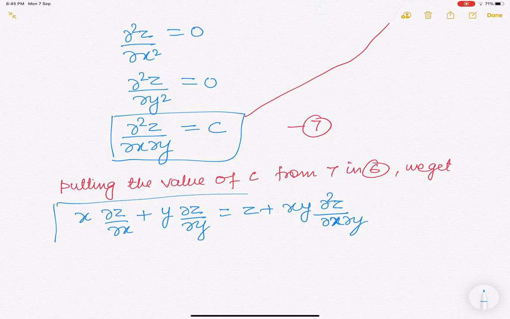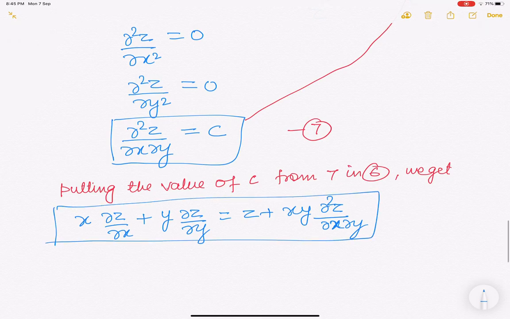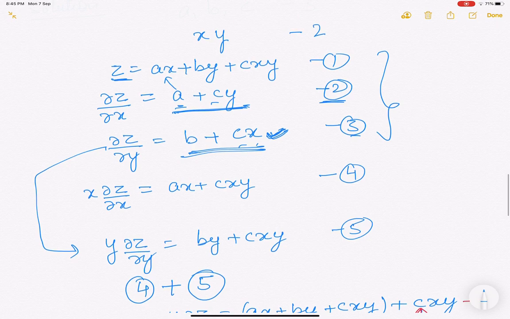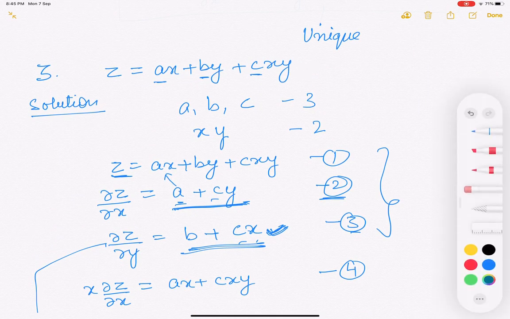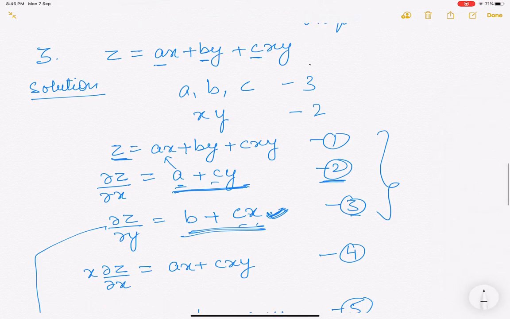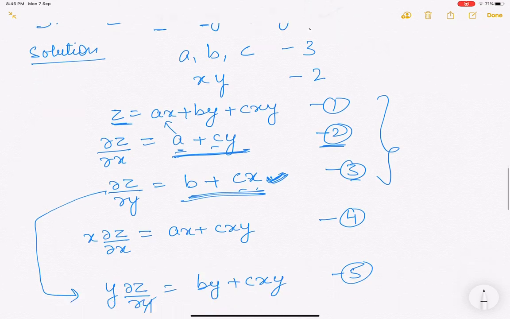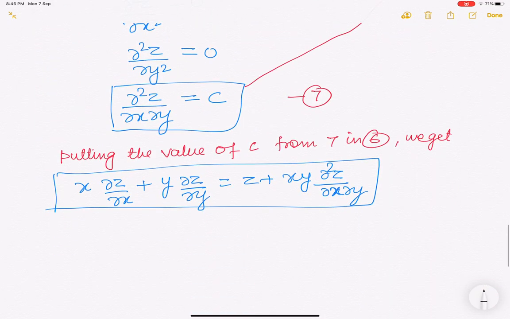So this is the required answer. Since this falls under condition number 3, this question falls under condition number 3. So we have an equation which has order greater than 1, and we see that our PDE has order two.